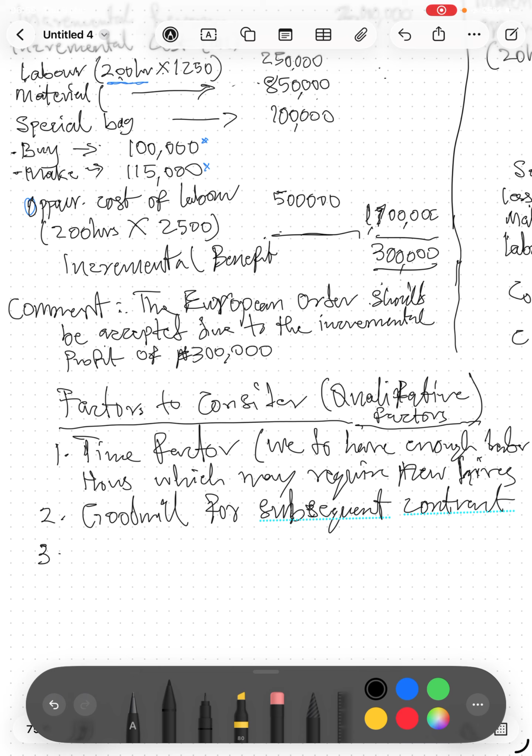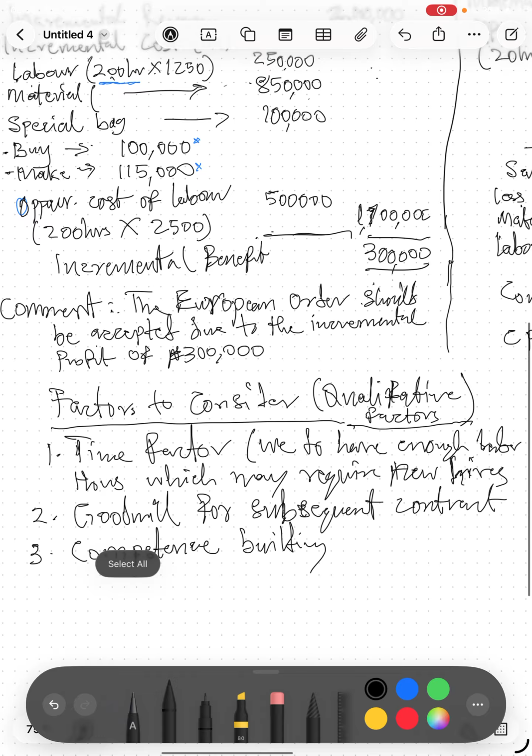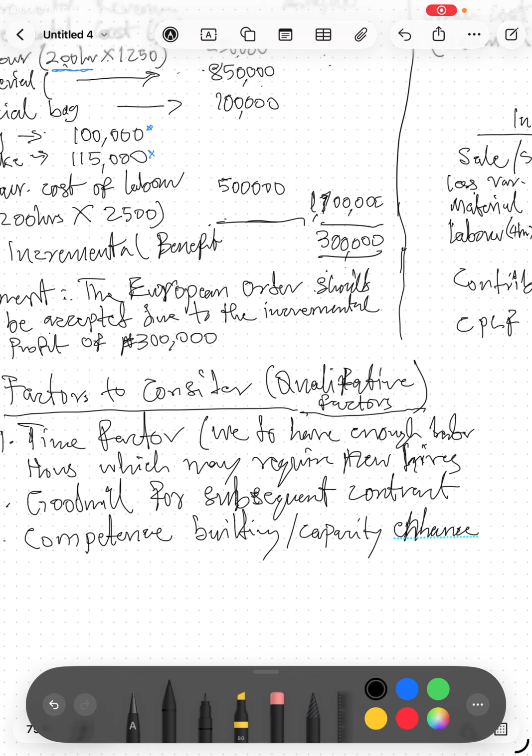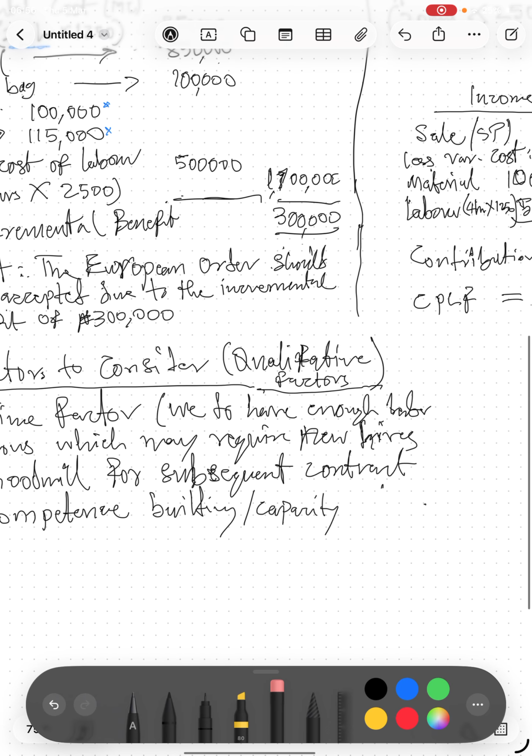So we'll put also, if we accept this special order, it will also help us to build competence, or what you say capacity, like building up the capacity of the workers. So you can say capacity enhancement.